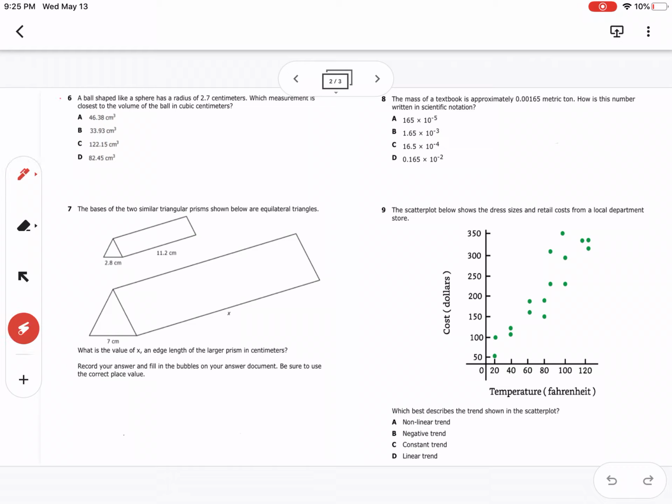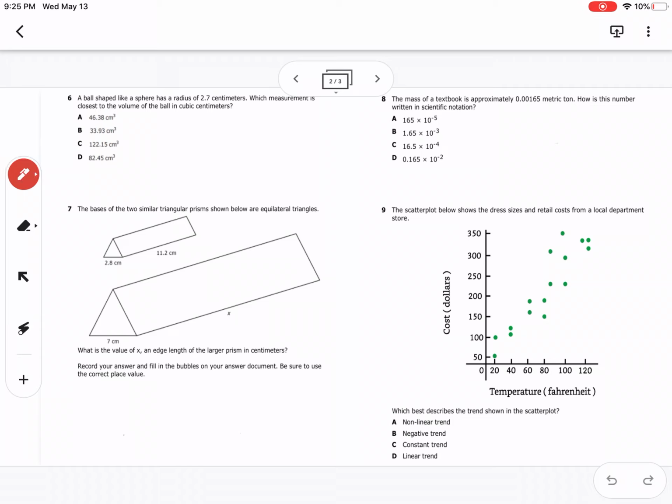Okay, a ball shaped like a sphere has a radius of 2.7 centimeters. Which measurement is closest to the volume of the ball in cubic centimeters? Notice how the question says which measurement is closest. So that means that your answer is probably not going to be spot on, but that's okay. Which answer is closest?